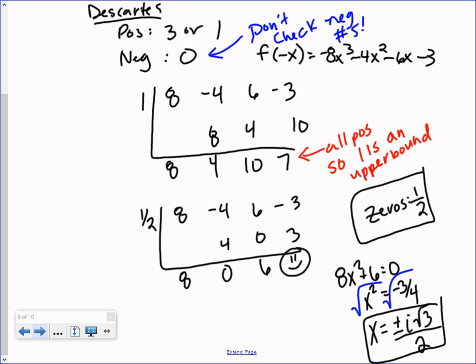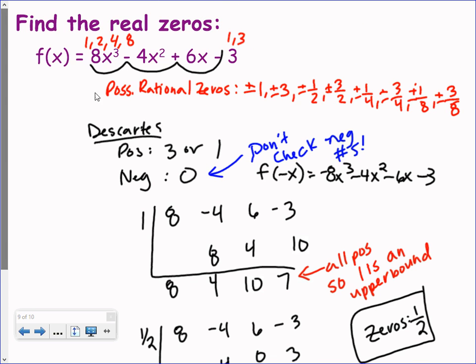Okay. In order to use the lower and upper bound, you really have to be thinking about them as you run through synthetic guess and check. How do you get the 1 on the positive card? Oh, because when I counted up the sign changes, there were 3 of them, right? Up here. 1, 2, 3.